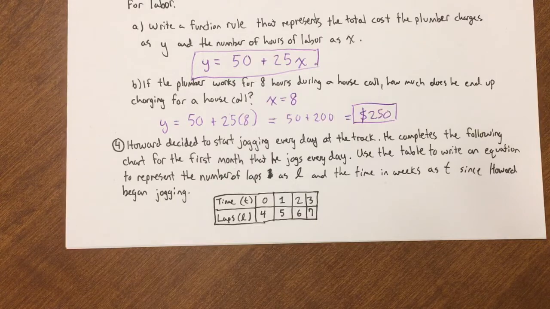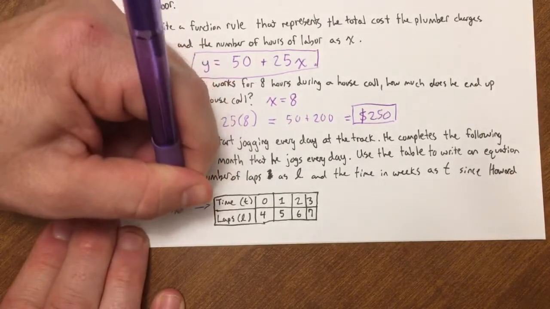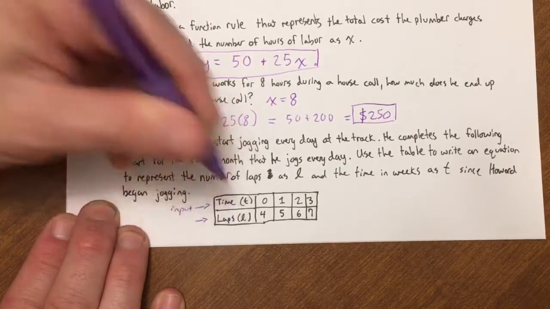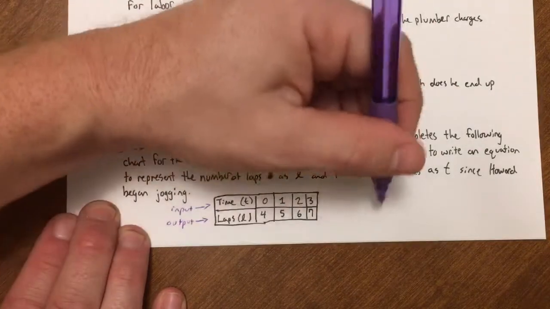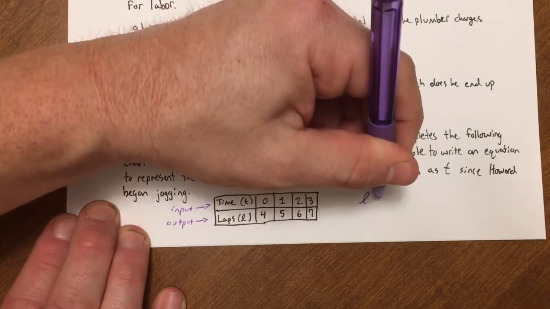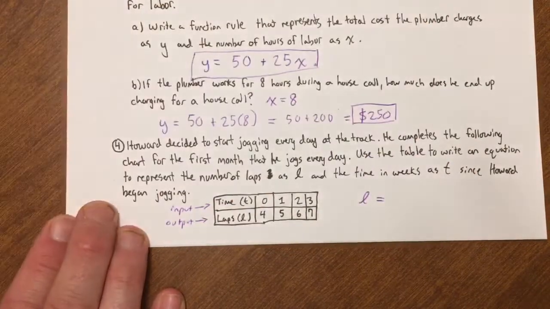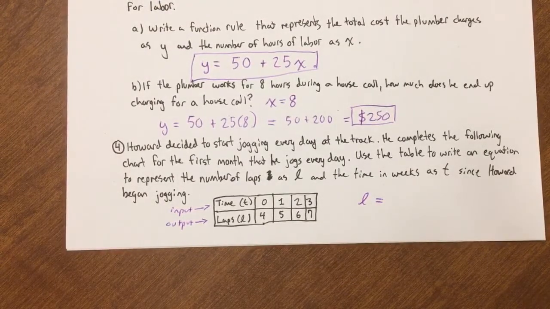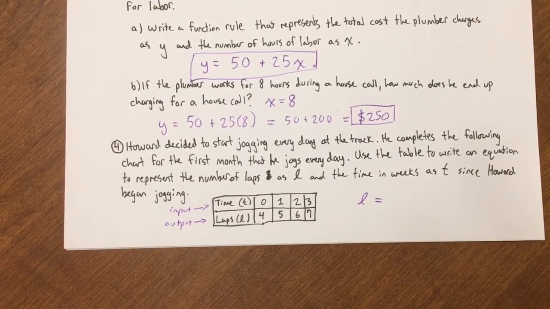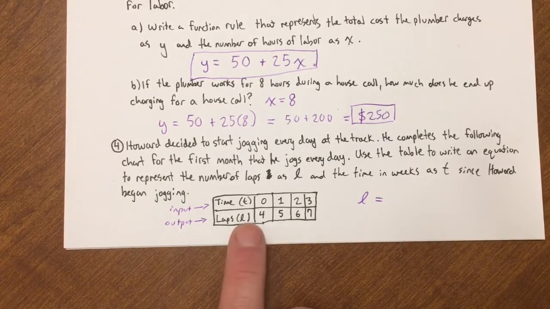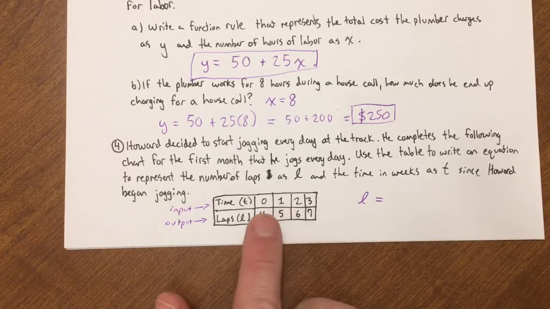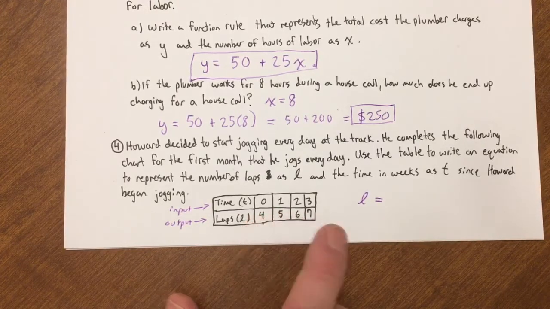We're going to treat T as our input variable for this problem, and we're going to treat L as our output variable. So remember, the output variable is always going to be the one that's dependent upon how we write our expression out. So what we need to do is figure out some things. According to the table here, let's see if we can analyze and determine some behavior in our function.